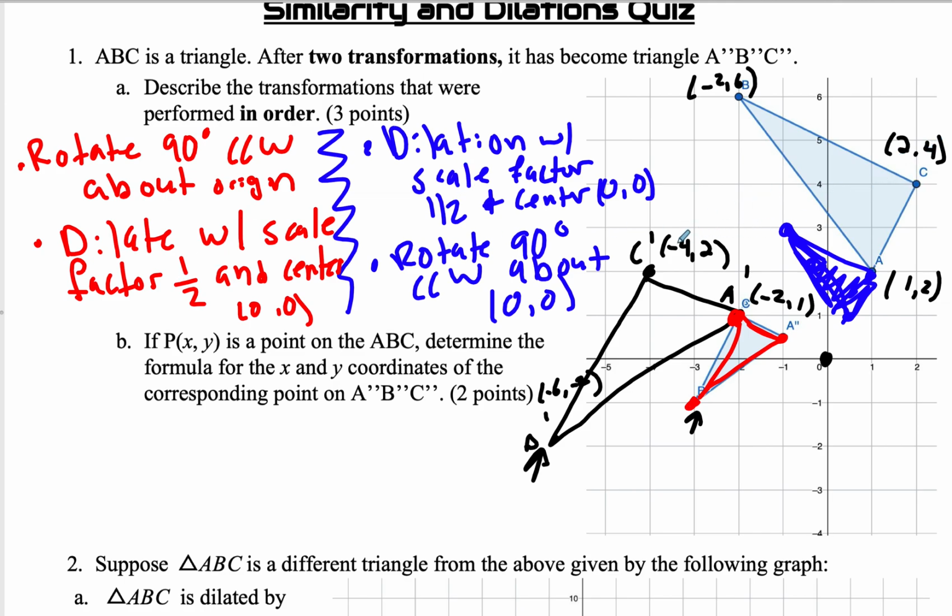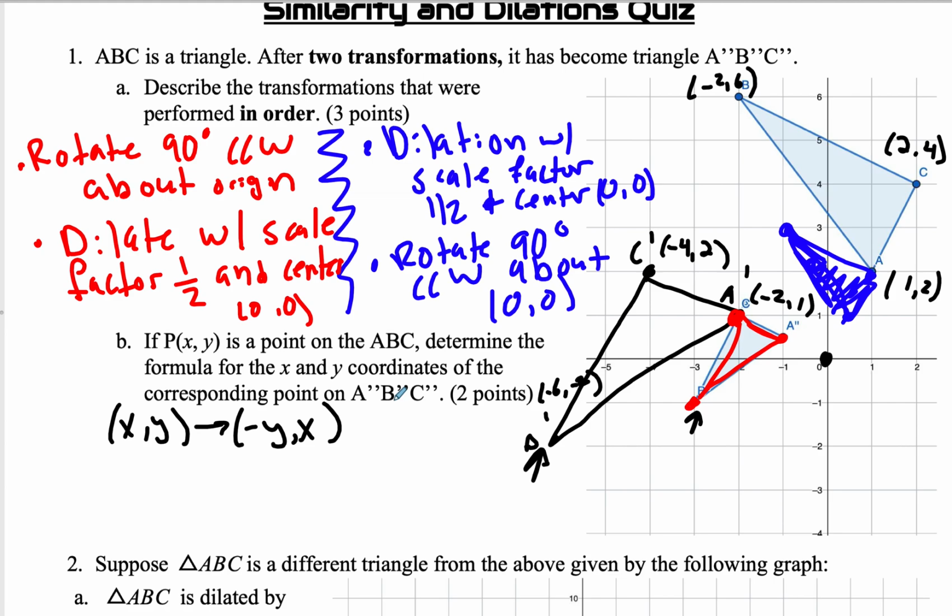So the x turns to the y, and then you take the opposite. If I have a formula x, y, what happens first? The y comes over, but the opposite of it as the new x, so basically they flip. Now we have to look at the dilation.